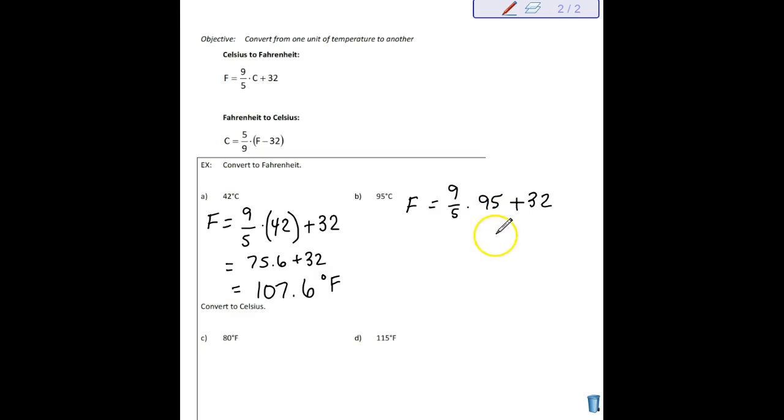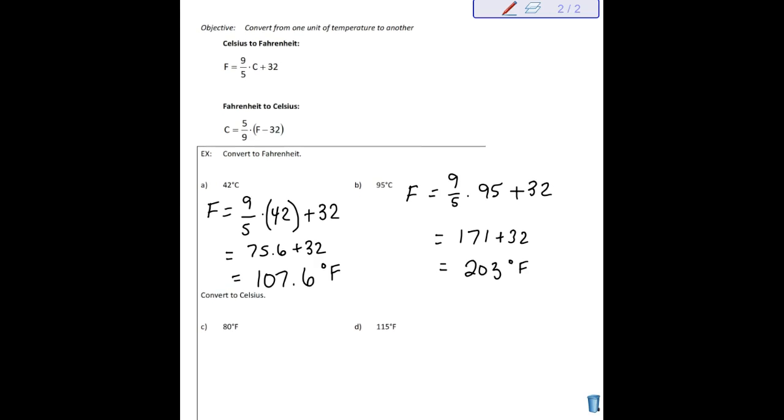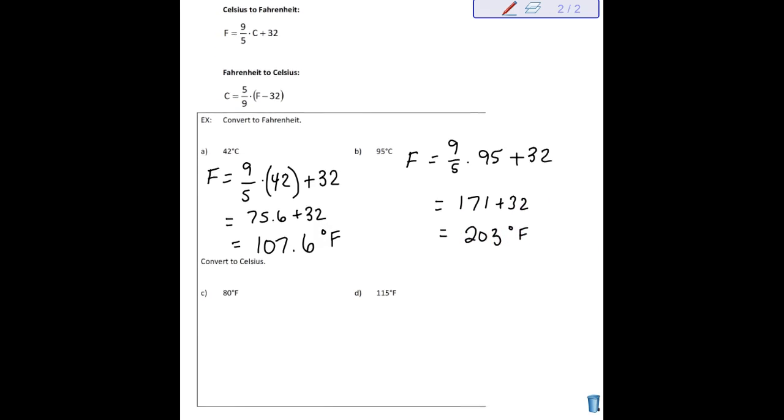So this gives me 171 plus 32, which gives me 203 degrees Fahrenheit. Make sure you label that. Although I will tell you, probably in Moodle you won't have the degrees, and so we'll probably just leave it as the numerical answer. So think about that with the quiz coming up.